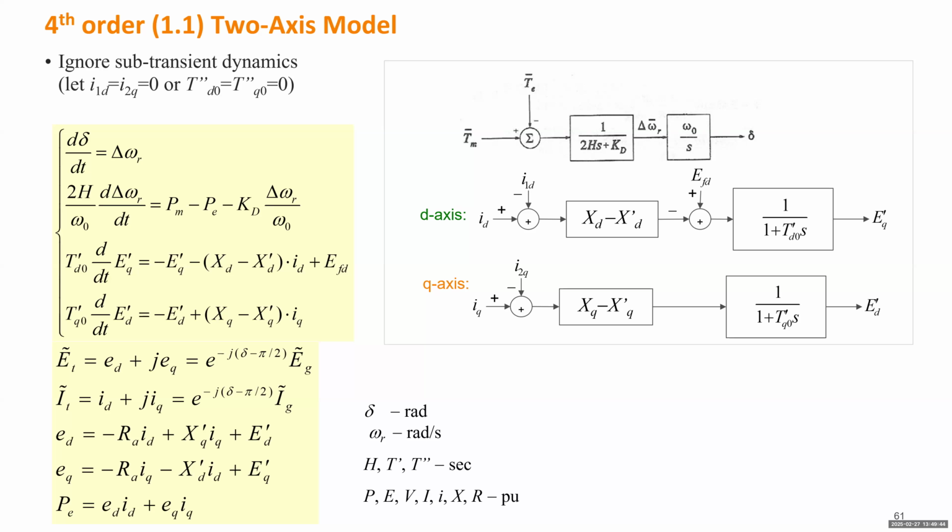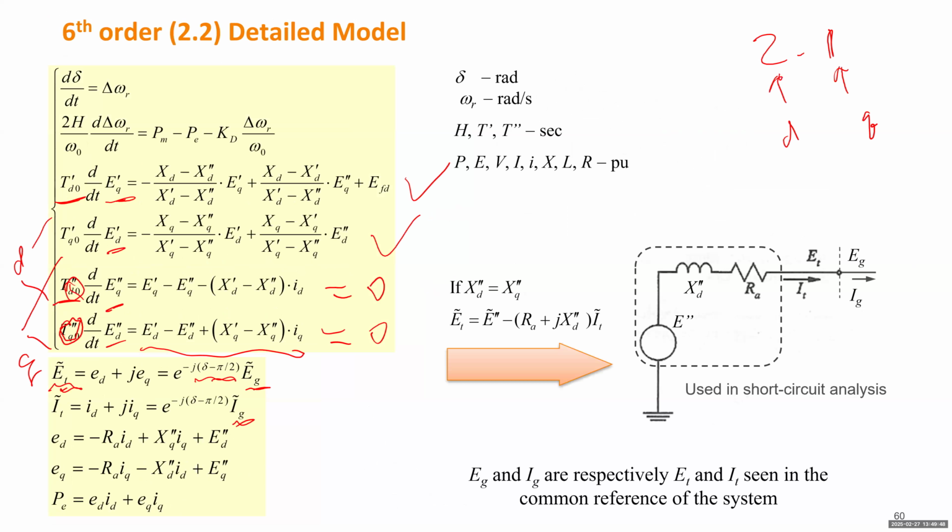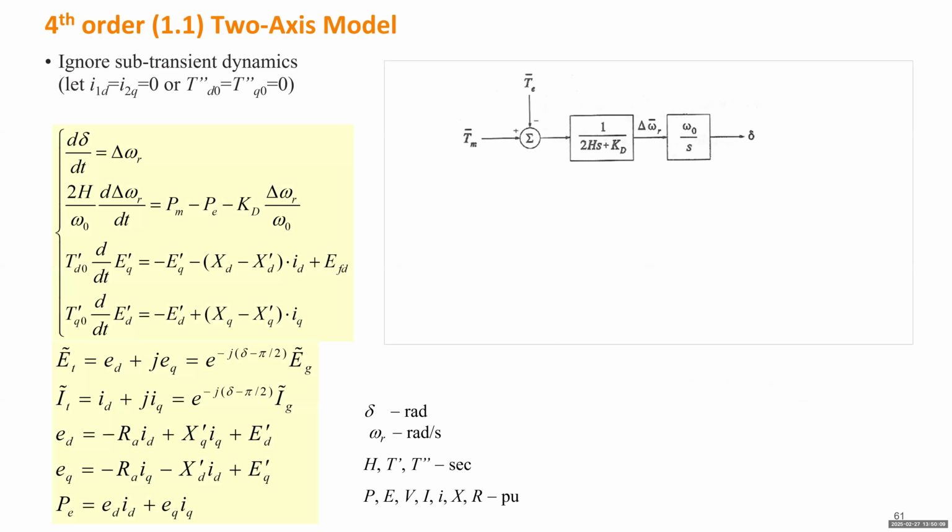So if you try to derive the block diagram not from this slide, but using the previous slide's equations, you try to derive the block diagram for the first equation and the second equation on the flux linkage, you will get a very complex block diagram. But if you somehow simplify it, eventually it will become this one, those 2.